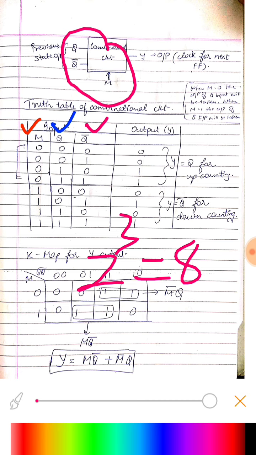So we can have 8 combinations of these inputs M, Q and Q bar, and our output is Y. We will find out a logical expression for the output Y.